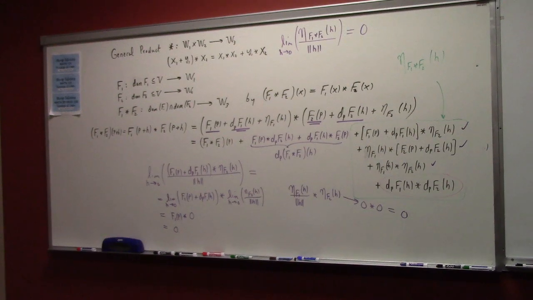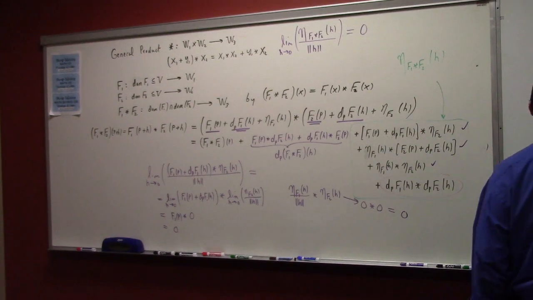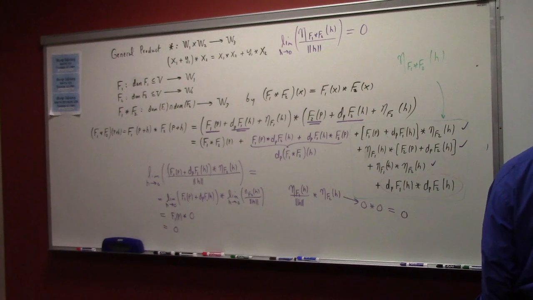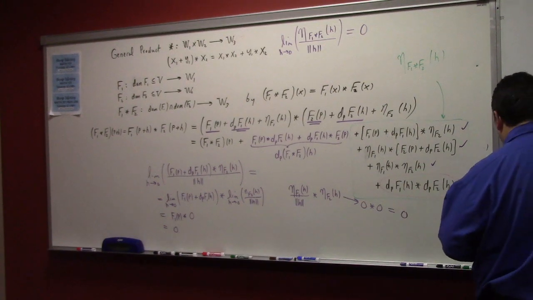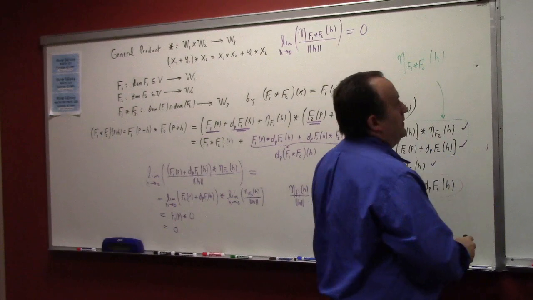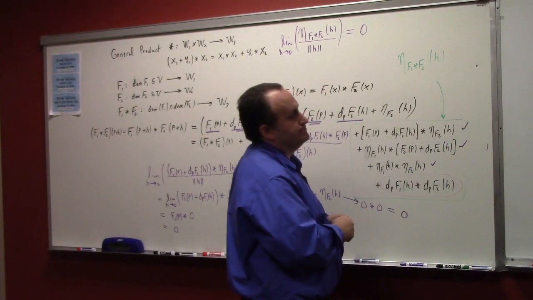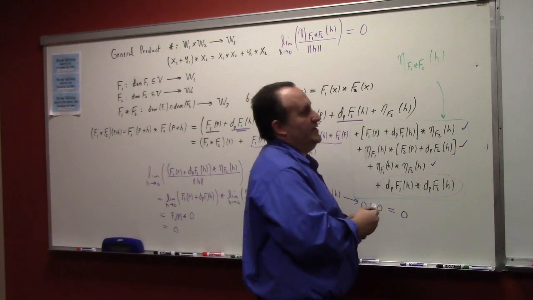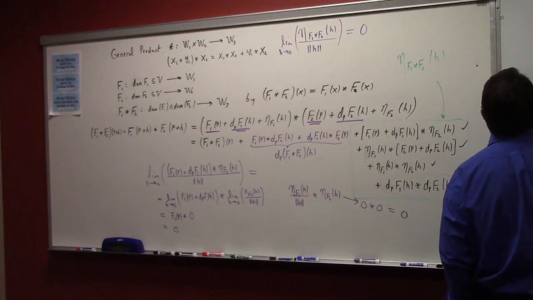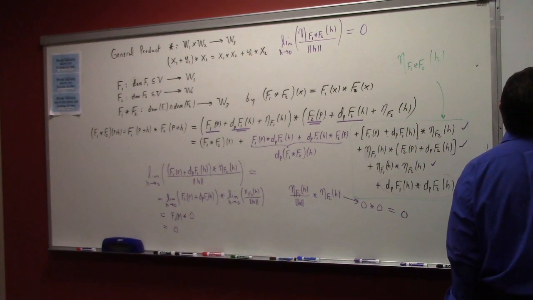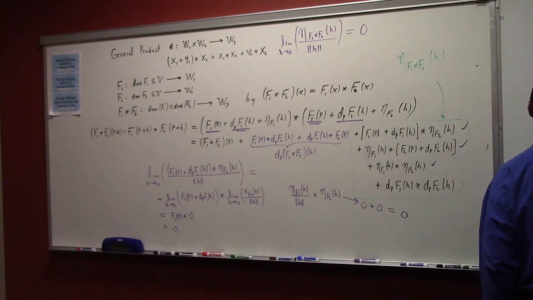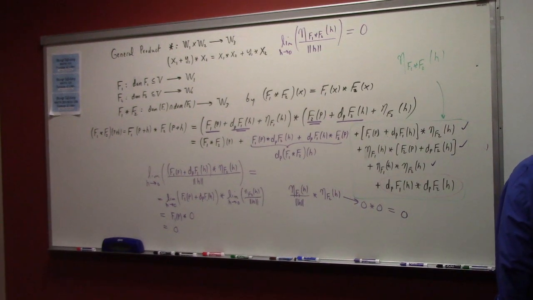We'd like to understand why this is 0. I mean, we can replace this with the limit as h goes to 0 of d_p f1 of h over norm h, times the limit as h goes to 0 of d_p f2 of h.